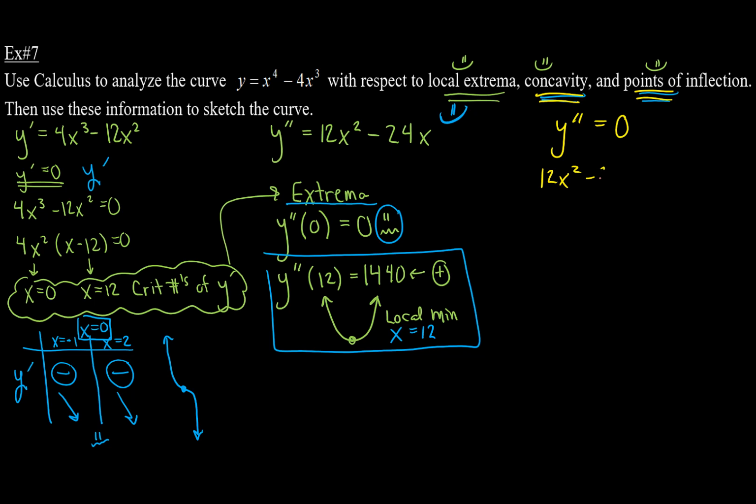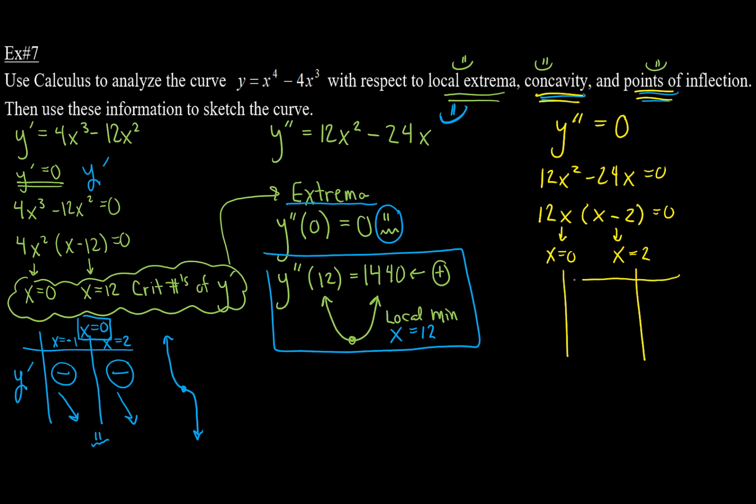So I'm going to have 12x squared minus 24x equals 0. Remember, this is a polynomial, so we're going to solve it by factoring. I can take out 12x, and I'm going to end up with x equals 0 as a solution and x equals 2 as a solution. They're already written in order, so let's create a sign table out of that.